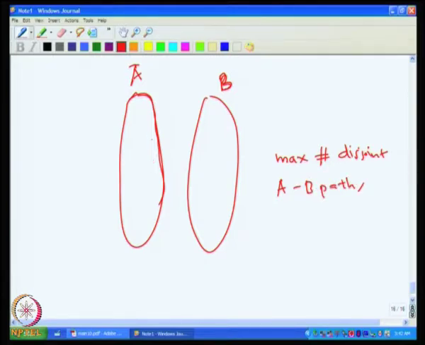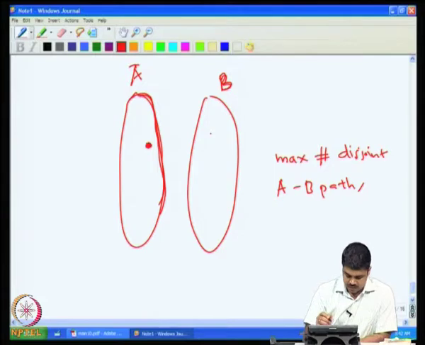There are no singleton paths here, and because they are disjoint, there is no intersection. So you have to start from here and reach here.